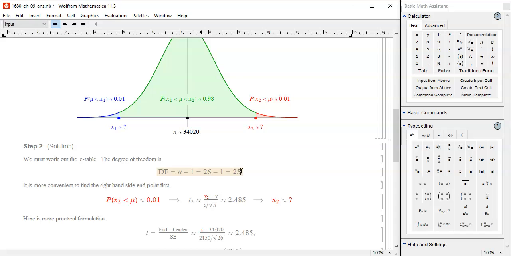Then using my formula number 1, (x minus center) over SE is equal to the appropriate t-score, I have my equation: (x minus 34,020) over the sample standard deviation over square root of n is equal to the t-score. Solve that equation and I'm going to be done.